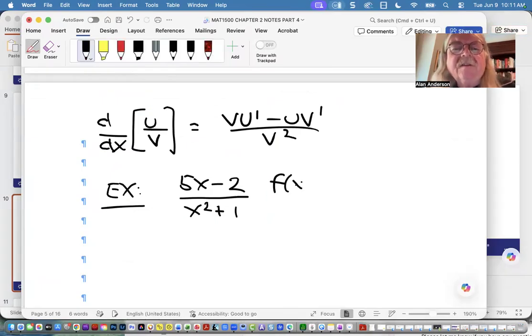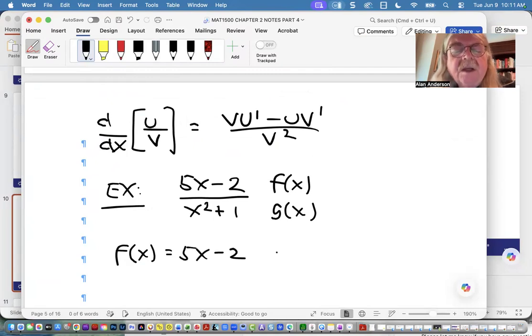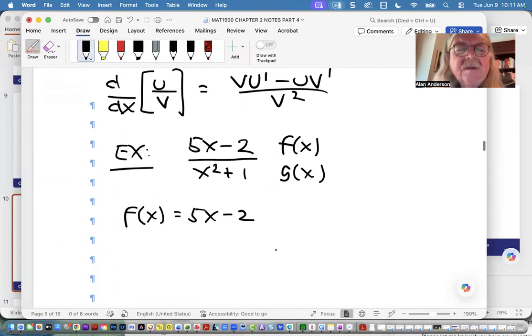So we'll think of this as our f of x. So applying our rules that we know, we can use here, remember they called it the constant multiple rule or whatever when you're doing the power rule with a constant.